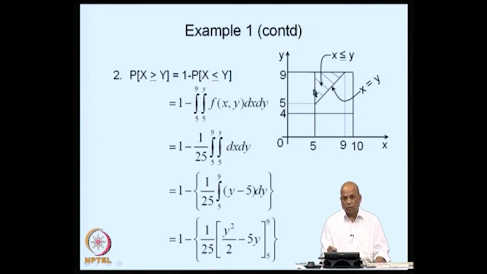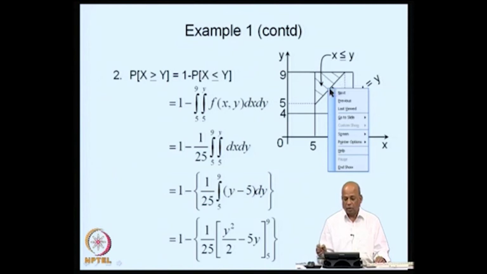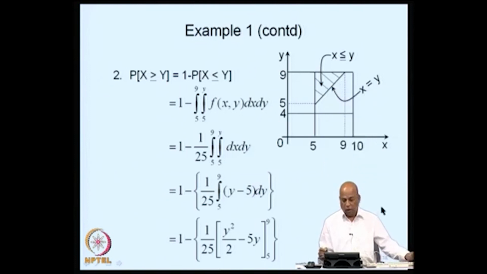So, x varies from 5 to y. Let us say I draw a line from here to here. At this line you have x is equal to y. So, x goes from 5 to y, and that is what we have written here, x goes from 5 to y and y goes from 5 to 9. So, we are focusing on this area now.